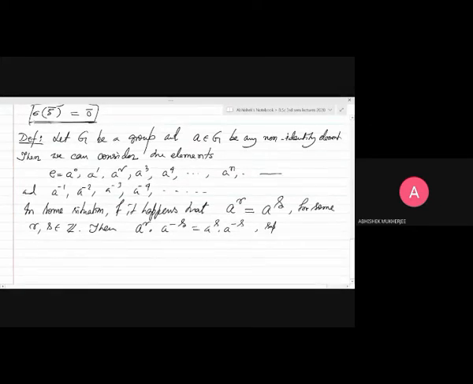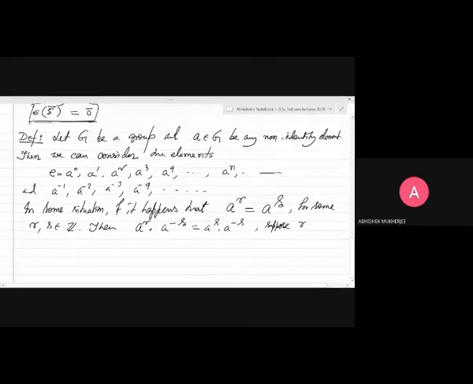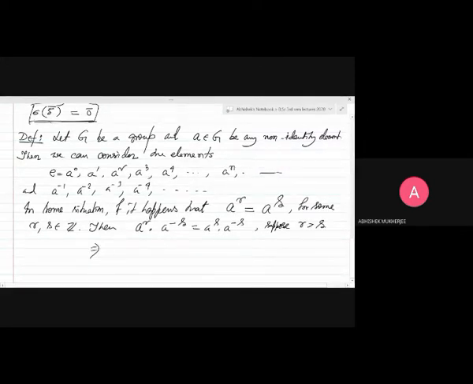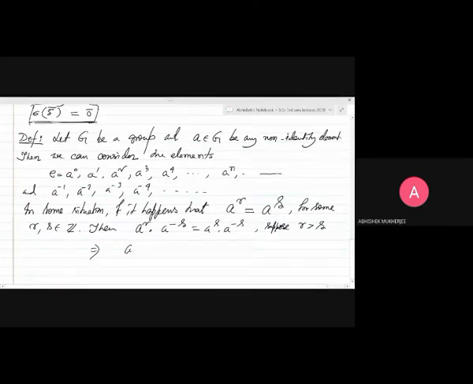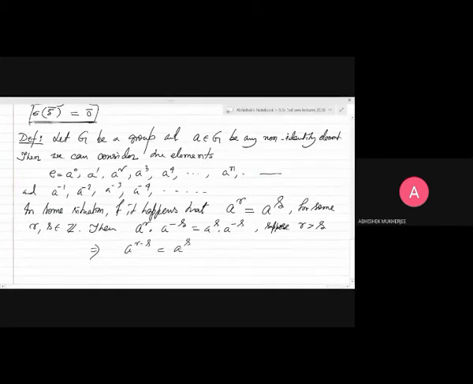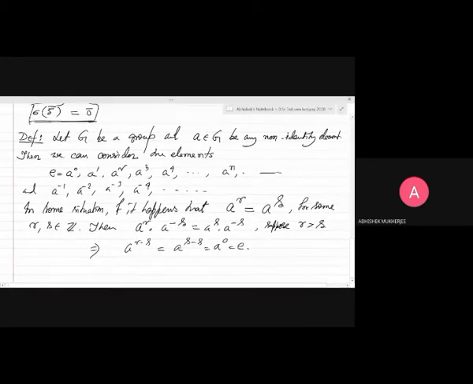Suppose r is greater than s. This implies a to the power r minus s equals a to the power s minus s, that is a to the power 0, which is e.